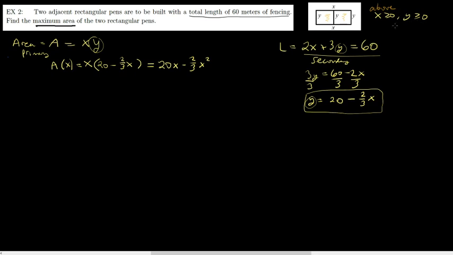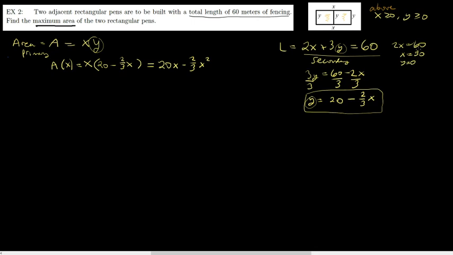Now, can x be, say, 100 feet, or 100 meters? Well, no, because you only have 60 meters to work with, and not just for all these lengths and widths, right? So yeah, x obviously can't be bigger than 60, but even if y were 0, you'd get 2x equals 60, right? So x would be 30 in that case, if y is 0.